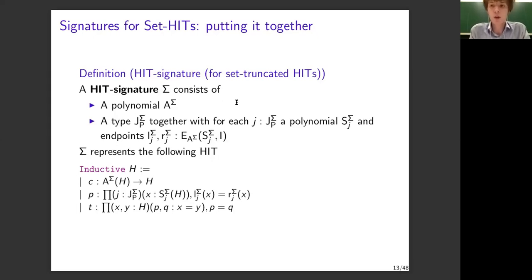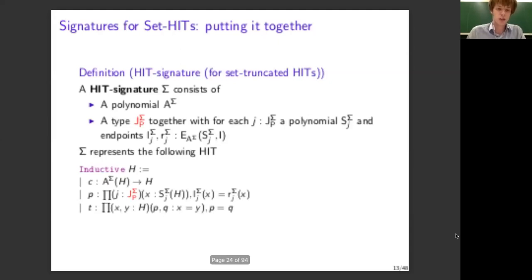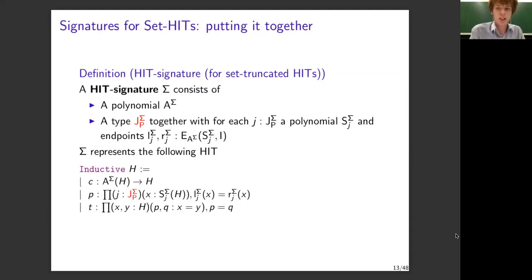And now we can fully say what a higher inductive type signature is for set-truncated higher inductive types. So if you look at the shape here, you see that it consists of the following data. First of all, you have a polynomial A. This represents the point argument. Second, there's a type JP, which represents all labels for path constructors.